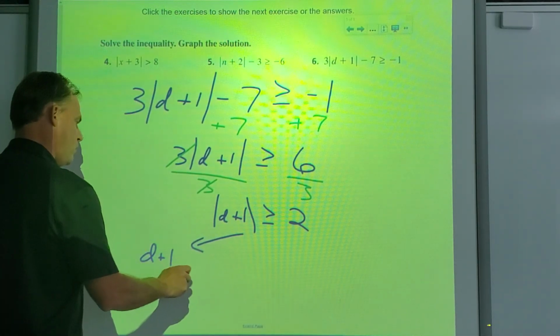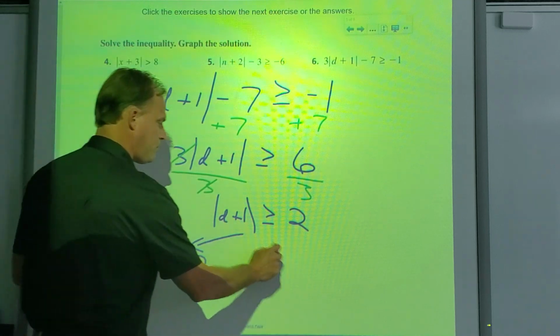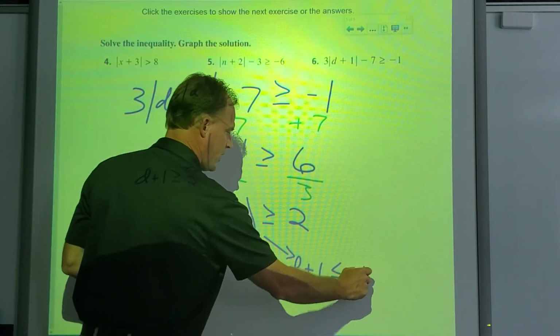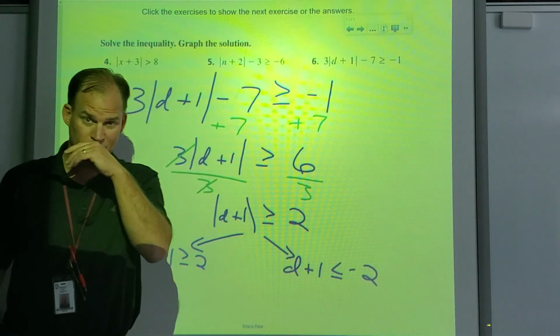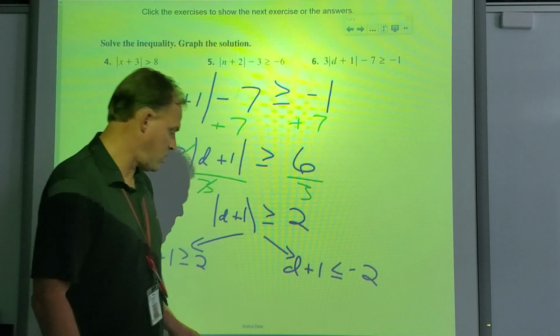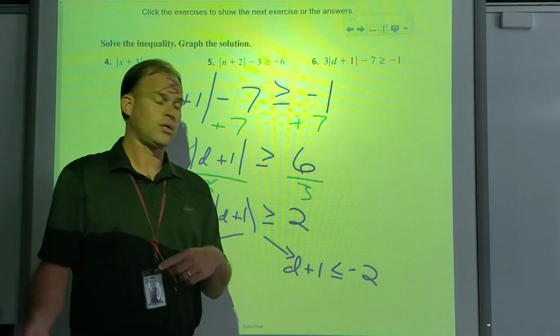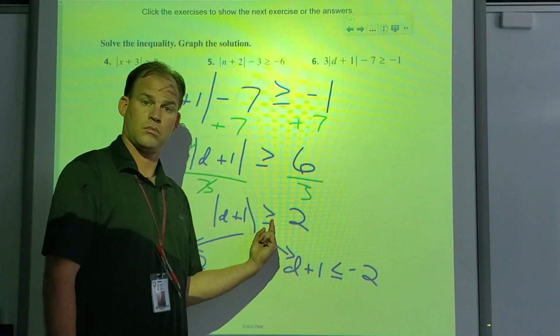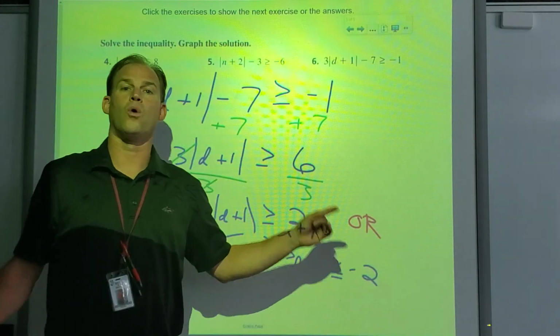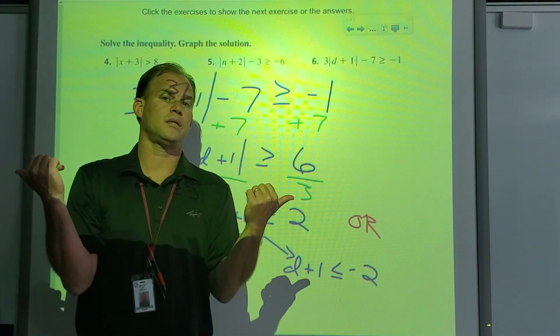D plus 1 greater than or equal to 2. D plus 1 less than or equal to negative 2. This sign right here, is it and or is it or? If it's or, am I shading between or shading the outside?